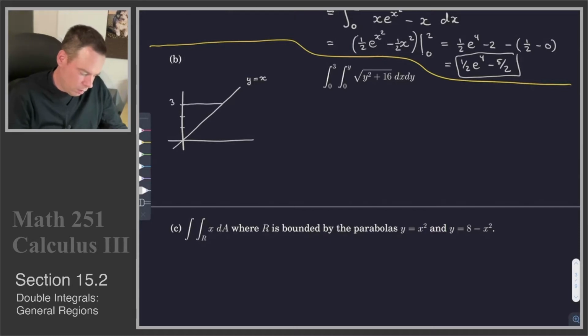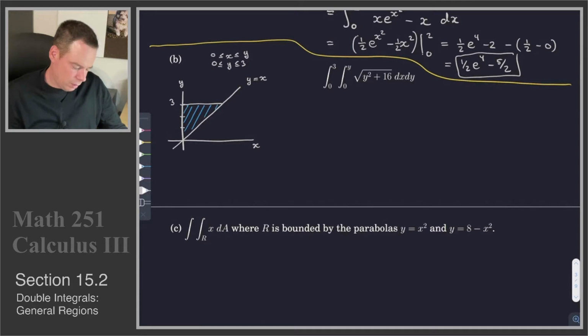We are interested in the region where x is trapped between 0 and y, and y is trapped between 0 and 3. The set of all points that satisfy those conditions are these points here. So there's our region.